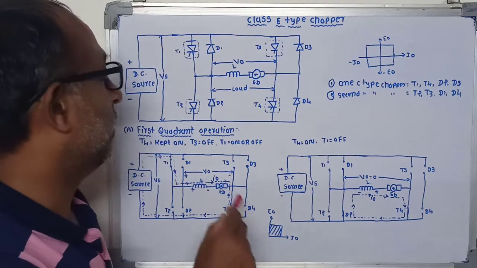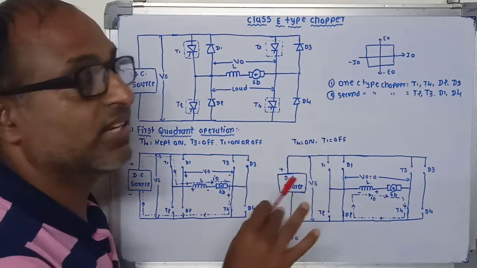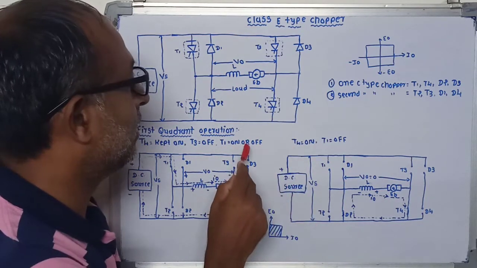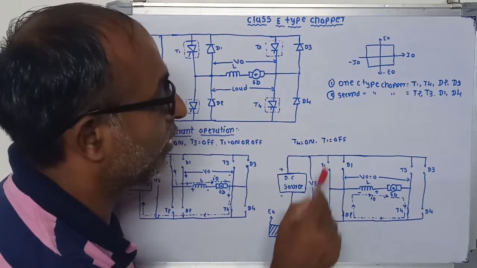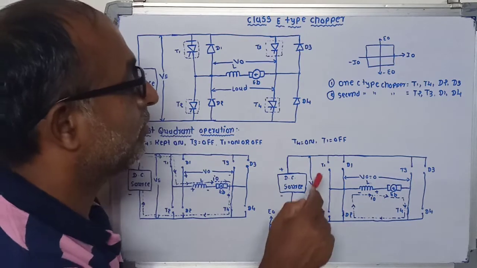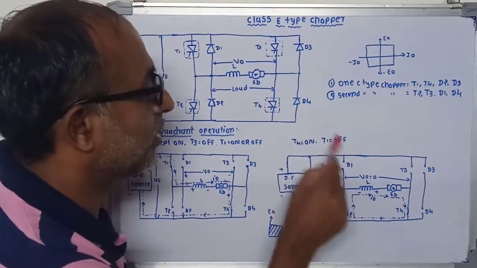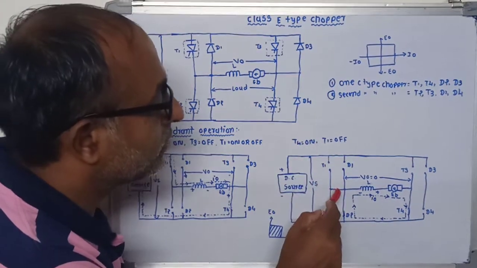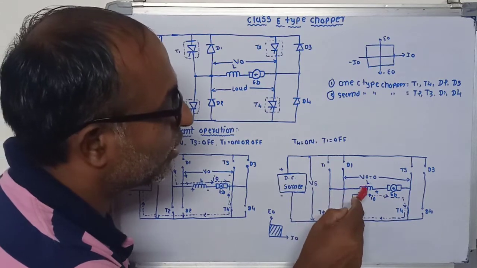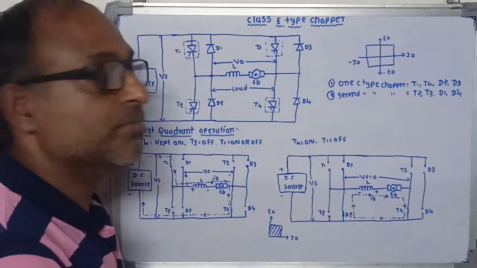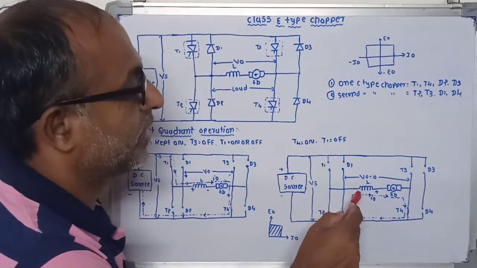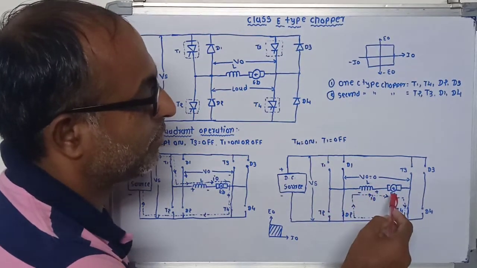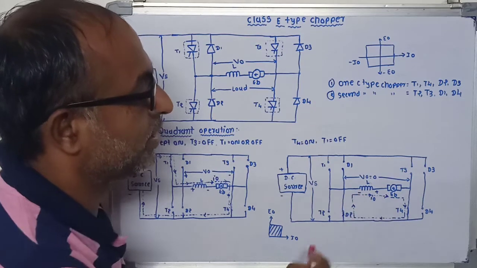Now when T4 is still on and T1 is kept in off condition, the current passing through the inductor decreases, which makes a high reverse voltage induced in the inductor. That means the right terminal becomes positive and the left terminal becomes negative.